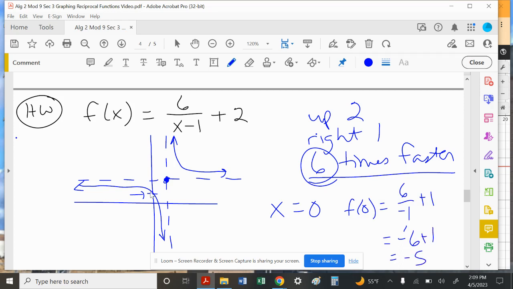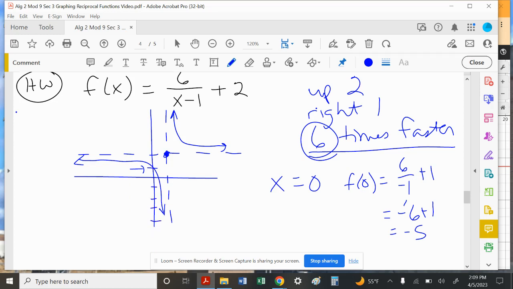We're not even close, right? So it should be crossing the axes there, which means my function should probably be going down something like that. The curve isn't very good there, but notice that it should cross at this point, which is 0, negative 5. X is 0, y is negative 5.